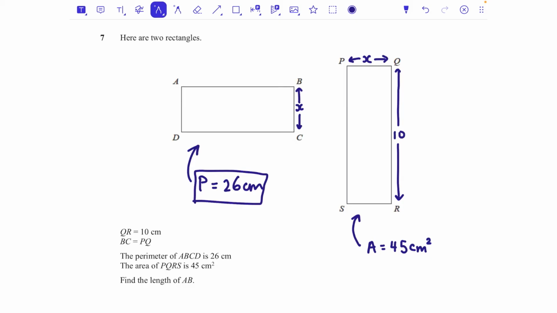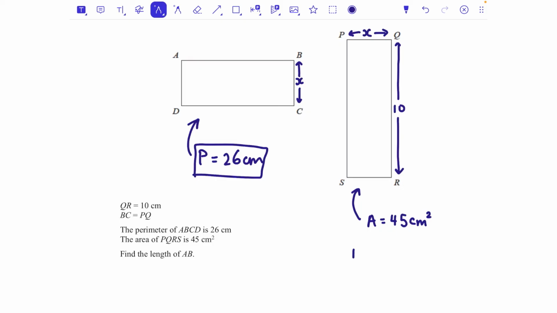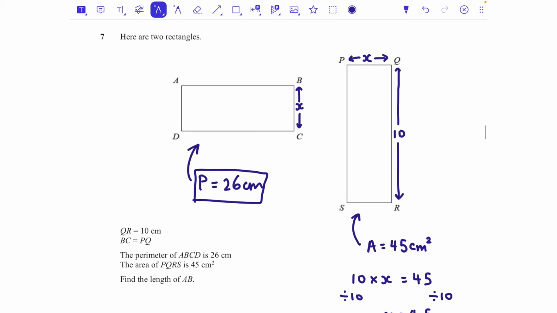But in the rectangle on the right, I know that if the area is 45, it must be x times 10, because area is base times height, to get 45. So therefore 10 times x, or 10x, equals 45. Dividing both sides by 10, we can see that x is 4.5. There we go. So x is 4.5, and I'm going to pop that up there.